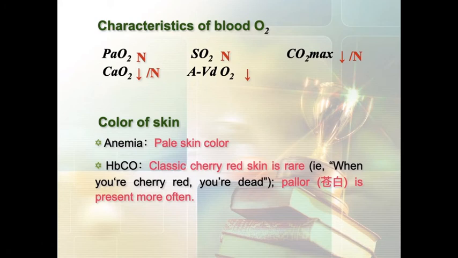The characteristics of blood oxygen in hemic hypoxia: partial pressure of oxygen is normal, saturation of oxygen is normal, and the capacity of oxygen is less or normal, and the content of oxygen is less, because we don't have enough quality or quantity of Hb, or hemoglobin, to take oxygen in the blood flow.